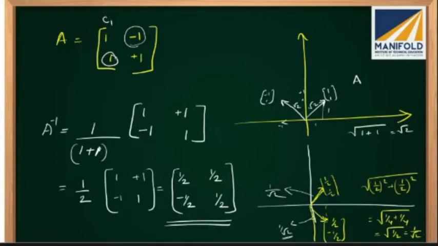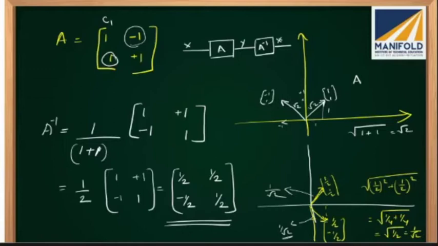Or if I consider a system to be A, if I am giving an input X, you are getting an output Y. Now, what does the inverse system do? The inverse system will actually give you back the input. If you give an input X and you get the output Y, and if I apply the inverse matrix or inverse operation, you get back the original input X.